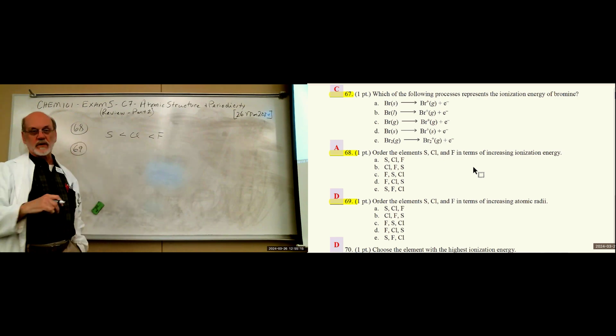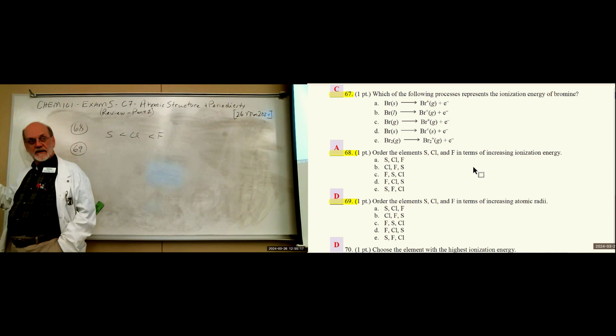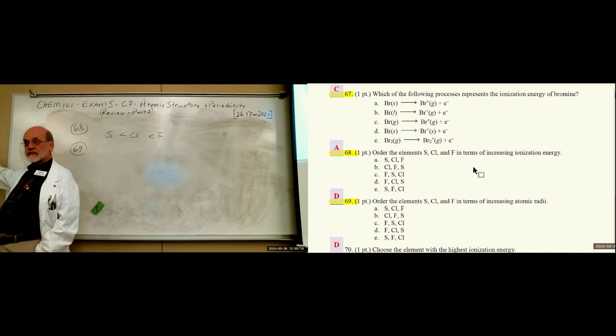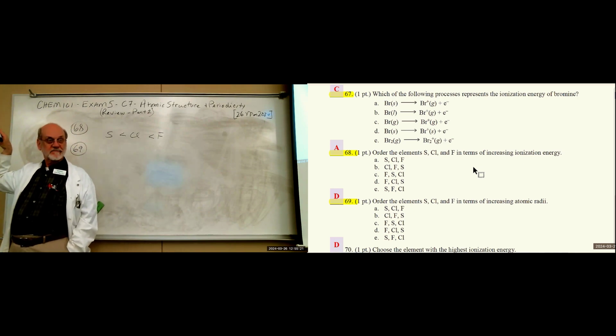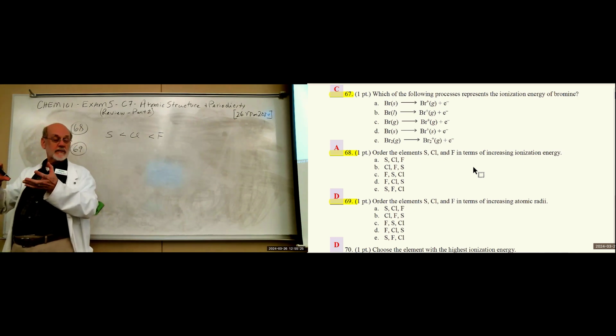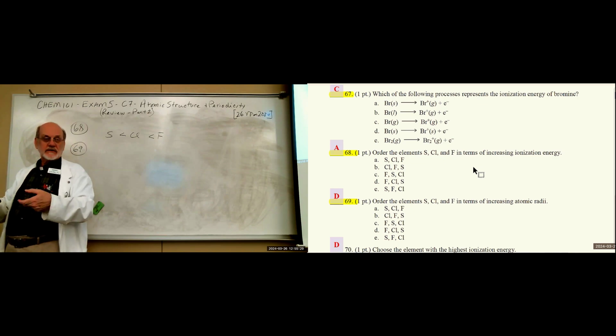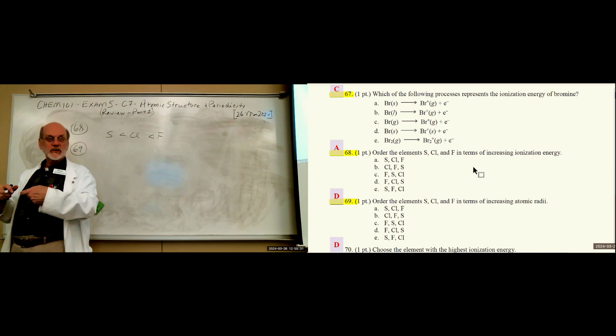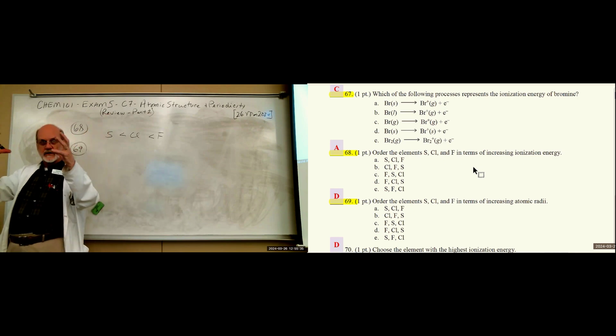How does that trend work? The atomic radius decreases from left to right, correct? Because you're in the same principal quantum number, moving from left to right, but you're increasing the number of protons. We call it that the effective nuclear charge is increasing from left to right, which tends to draw those electrons in, right?